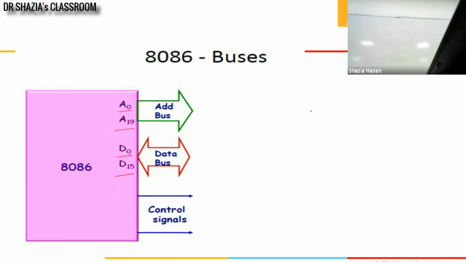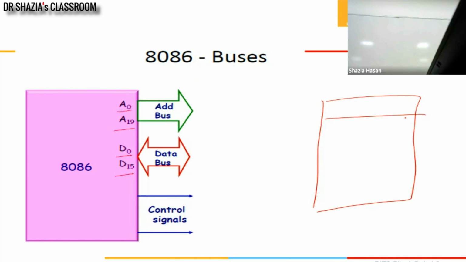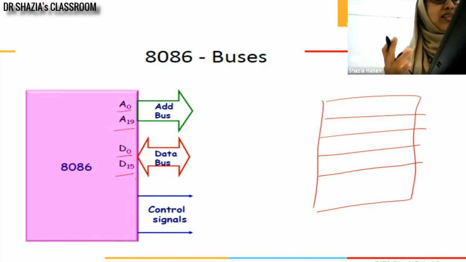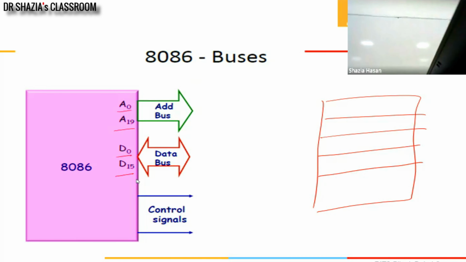So if I have a memory unit here which is byte organized, byte organized means each memory location can have how many bits of information in it? 8 bits, and your data bus is 16 bit. So at one particular clock cycle, when I want to read this address, it will transfer 8 bits of data.